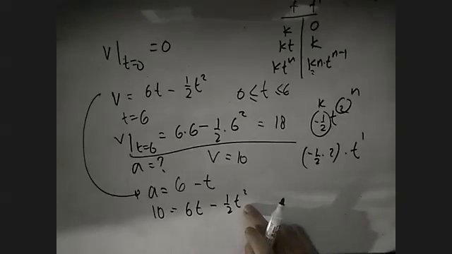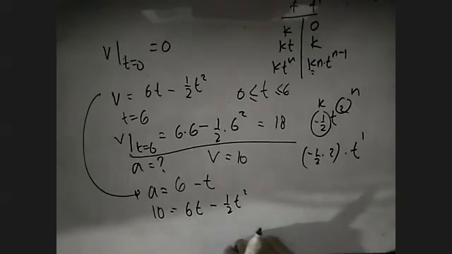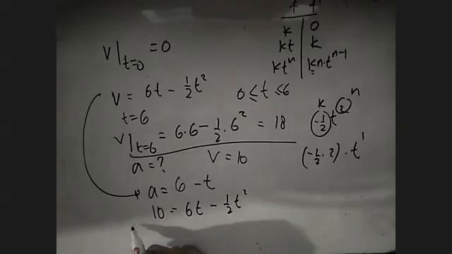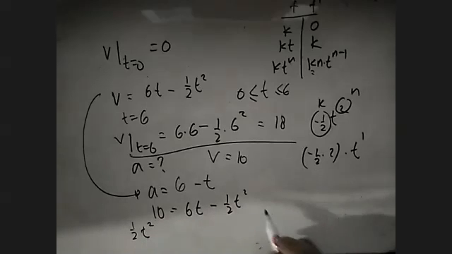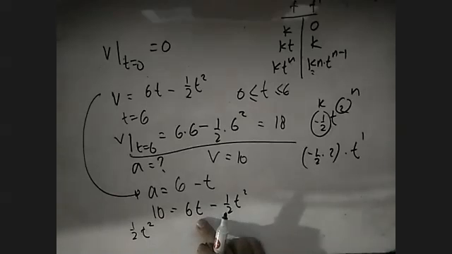Now, how to find the value for t here? First, we need to have an equation with one side equals 0. That is how we have the quadratics. I'm going to move negative half t squared to the left-hand side. That's going to be half t squared. The 60, I move to the left-hand side, becomes negative 60.